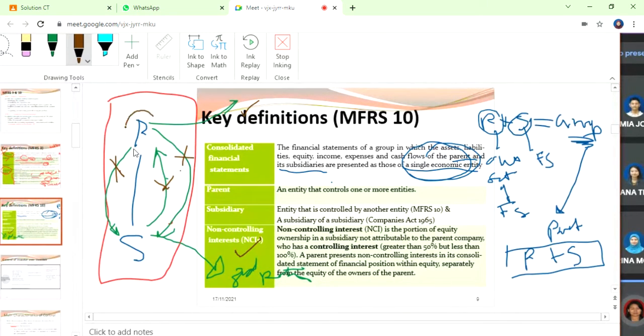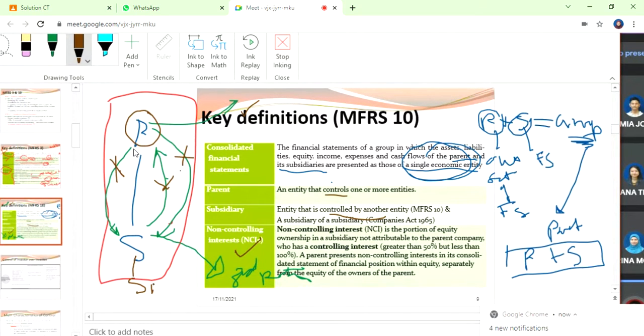So what is a parent? How do you define a parent company? It is an entity that controls the other entity. What is a subsidiary? A subsidiary is an entity that is controlled by another entity. S is controlled by P. According to the Companies Act, it is also a subsidiary of another subsidiary, meaning that S may control another subsidiary, S1.